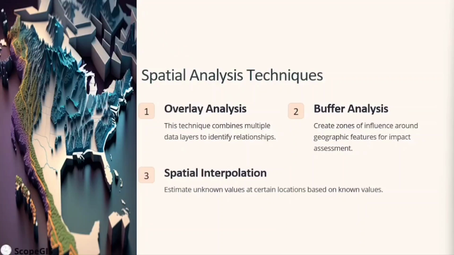So you use spatial interpolation methods such as Kriging or inverse distance weighting, IDW, to estimate rainfall values at unsampled locations. That is the locations that you've not collected data from. And this creates a continuous surface of rainfall distribution, which is useful for understanding the precipitation patterns and planning water resources.